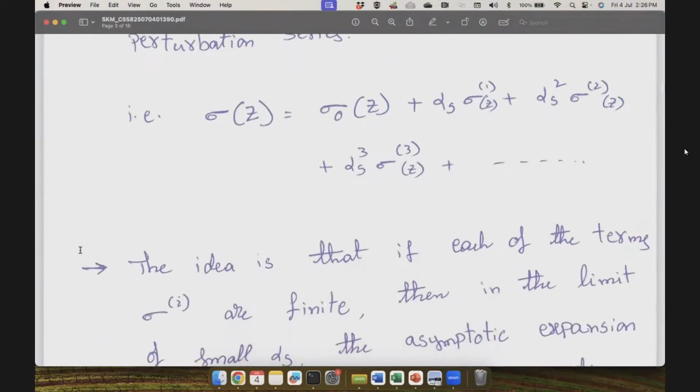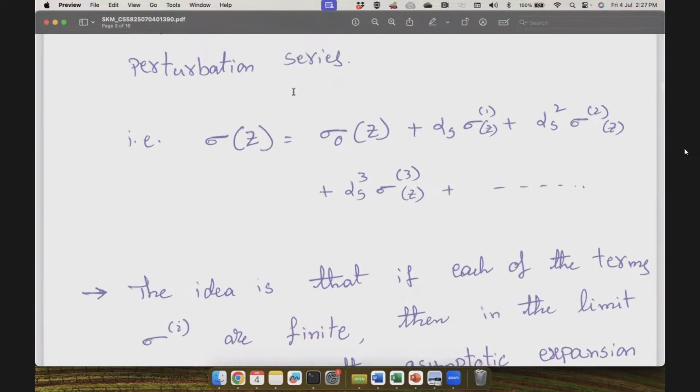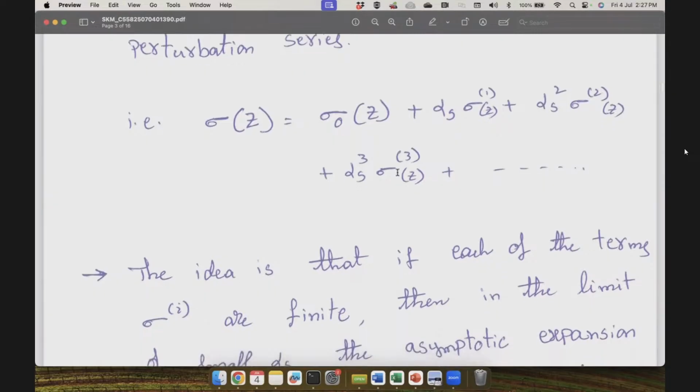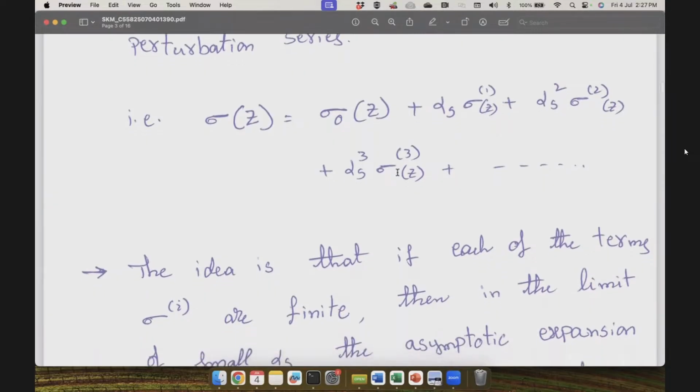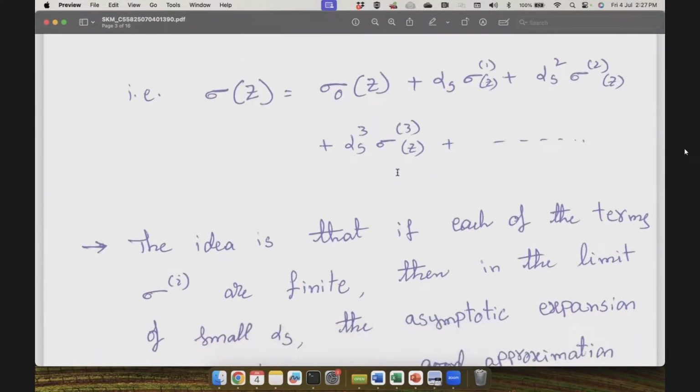So without going into the hadron level or any QCD scattering cross section, if you have some quantity, any sigma of z, how do you expand it in terms of the perturbation series? We call the first term the leading term. And in terms of this expansion parameter, we can write the first order correction, second order, third order corrections, and so on. Typically in terms of scattering cross sections, we call these leading order, next to leading order, next to next to leading order, and so on. But we'll come back to the hadron level cross section.